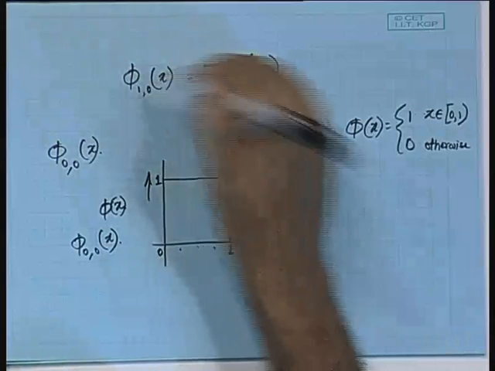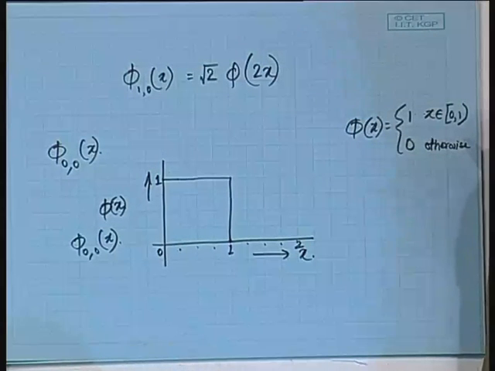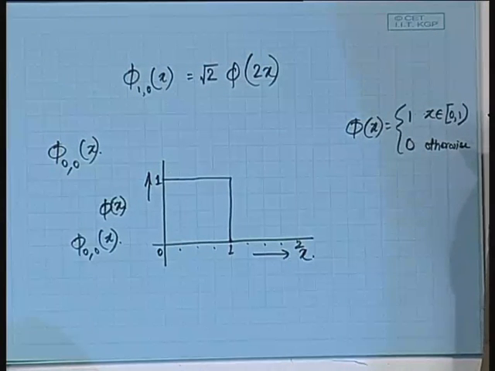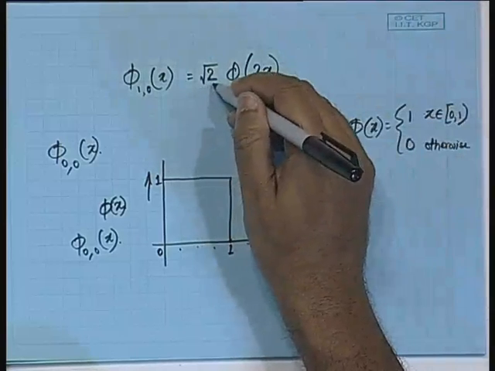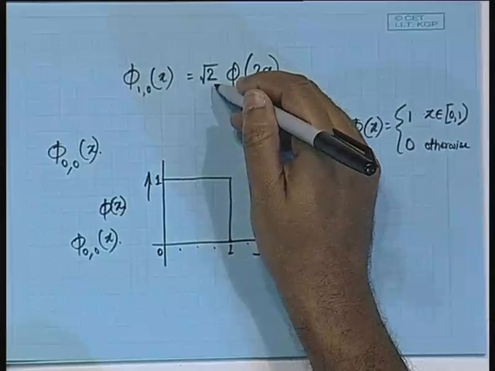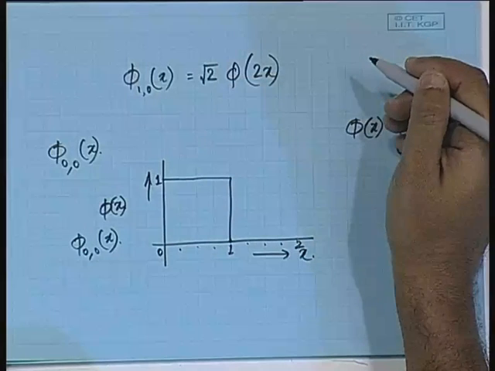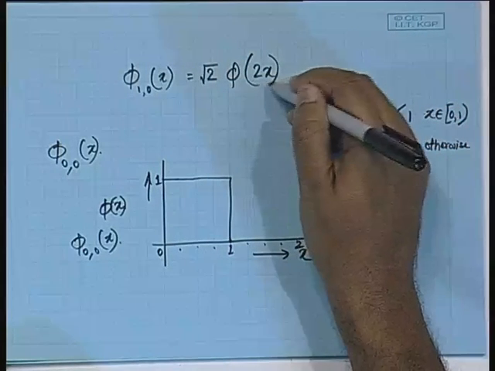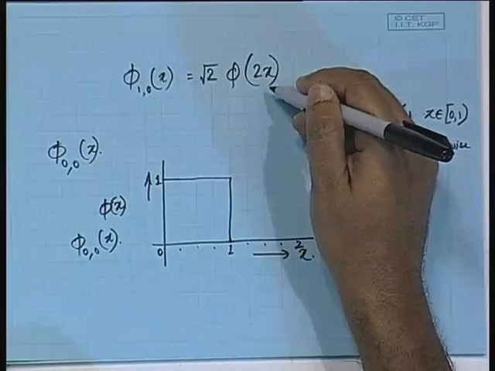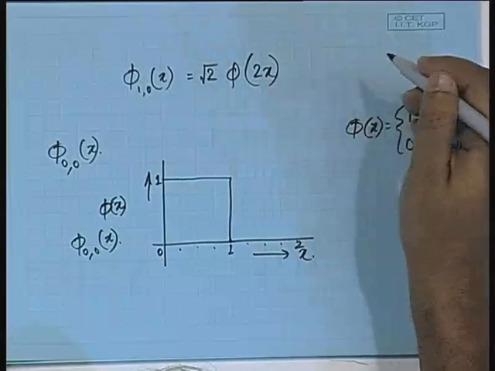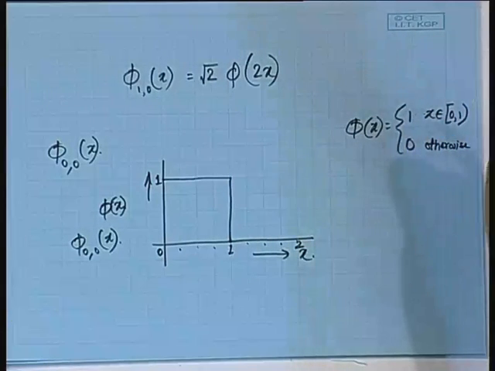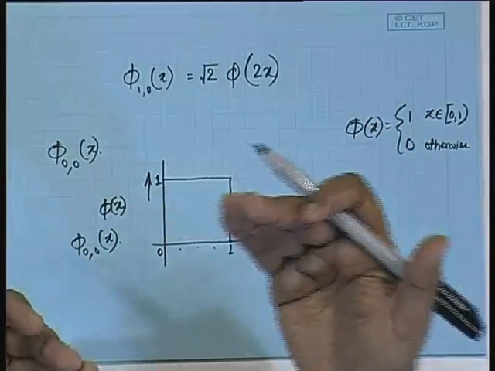Now, how am I going to draw phi 1 0 x? First thing is that its amplitude has become root 2 times. And second thing is that instead of phi x, this is phi 2 x. So, phi 2 x means that it is scaled by a factor of 2, which means it is compressed by a factor of 2.